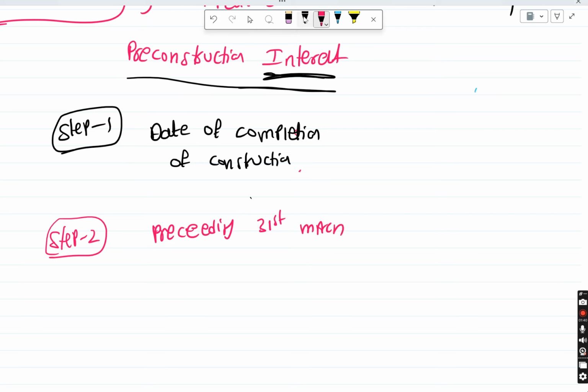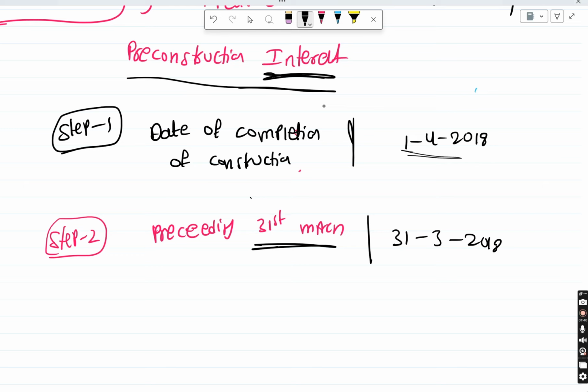Okay, so what does that mean? Let's just say construction is completed on 1/4/2018. So what will be the preceding 31st March? Obviously 31/3/2018 only. Whatever the preceding 31st March is, if it is completed on some other date, then go back and check when the 31st March was.